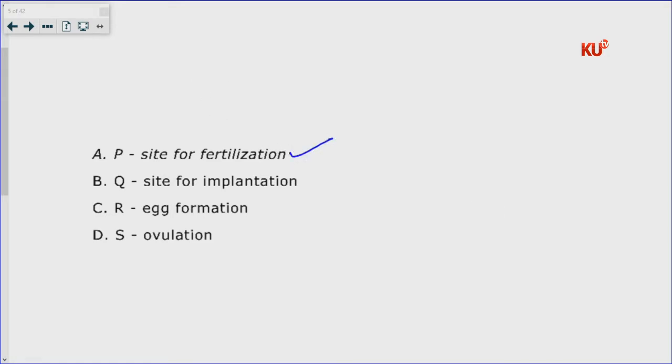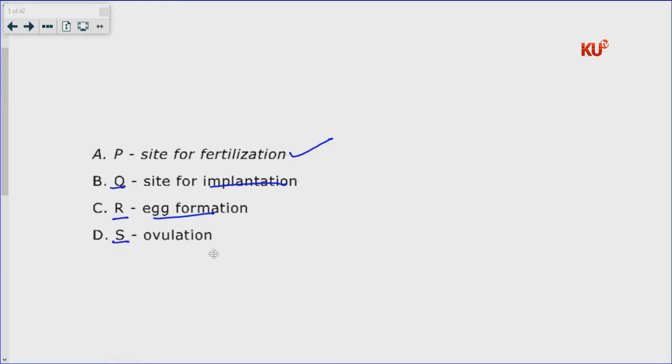Part Q, which was the ovary, site for implantation, wrong. The ovary, which is part Q, produces the ova through a process called ovulation. Site for implantation takes place in the uterus or the womb. R was our womb, and the function of the womb is not egg formation. The function of the womb is that it houses the fetus during pregnancy.